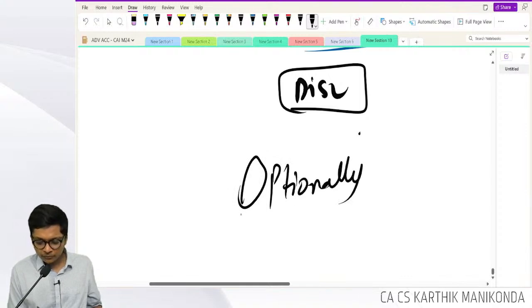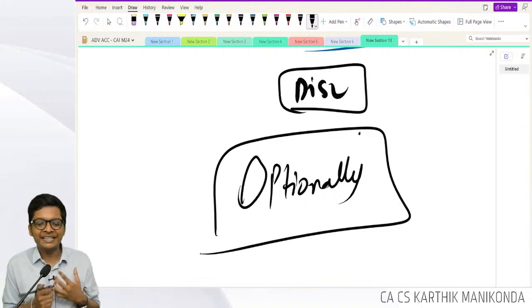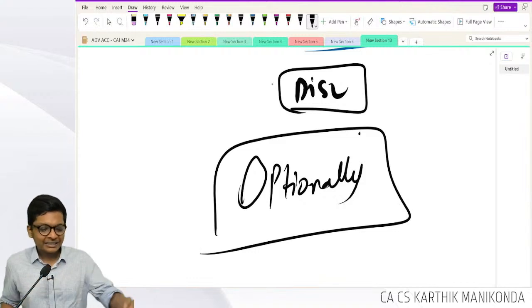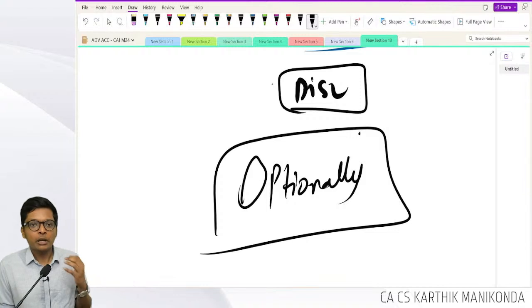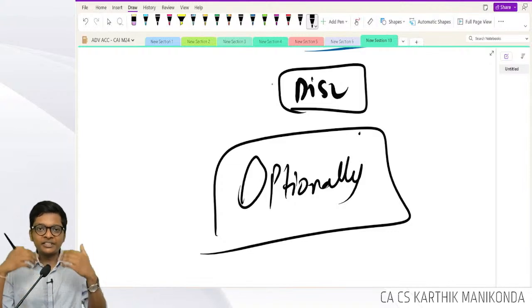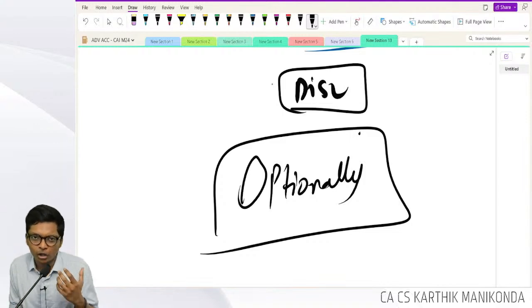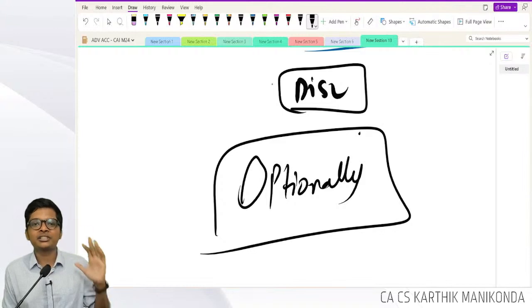Optionally, they have never tested this, but if it comes, the company can choose on its own to record or disclose any segment which is failing. It has failed all the other tests, but optionally I can still disclose this.